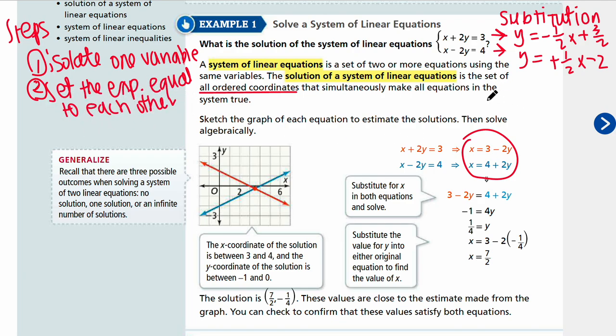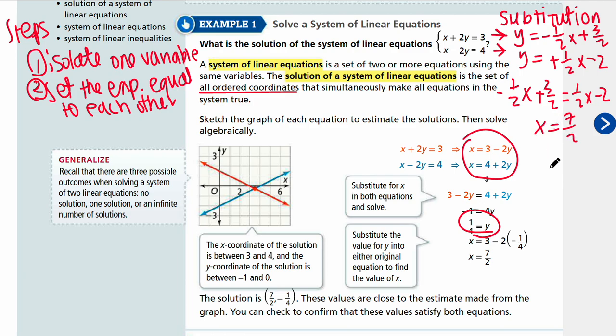Okay, so then you have, in my case, 1 over 2x plus 3 over 2 equals 1 over 2x minus 2. And then if you solve for x, you can just set 3 minus 2y equal to 4 plus 2y, and then you'll be able to solve for y. But in this case, I'll be able to solve for x first, and I should get something like 7 over 2.